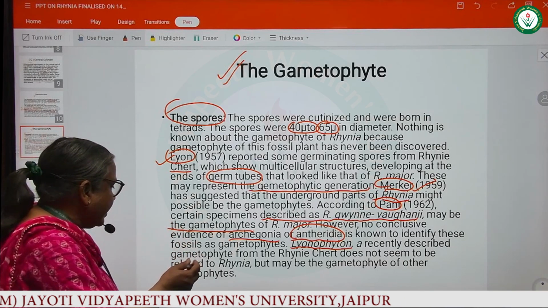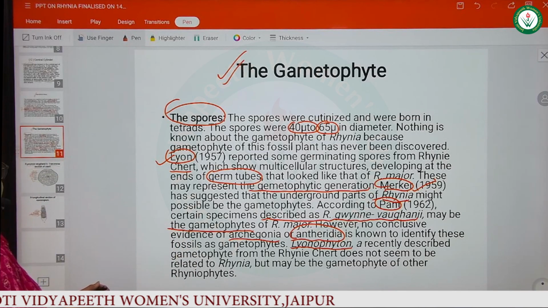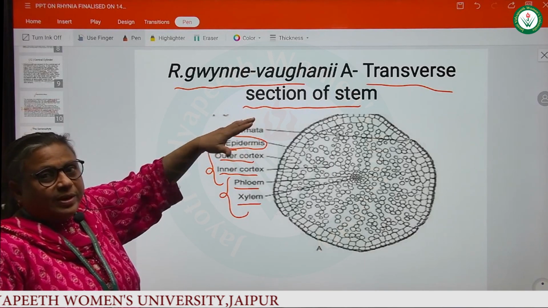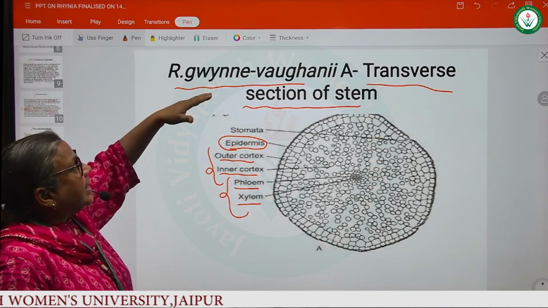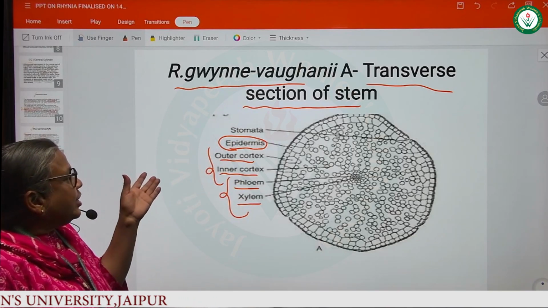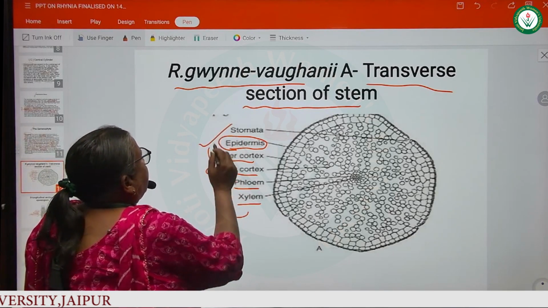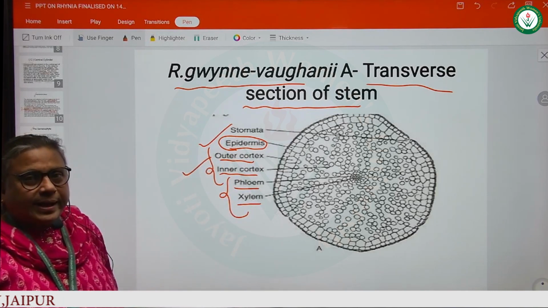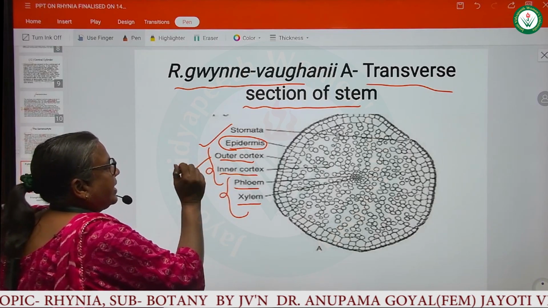gametophyte of other rhyniophytes. Now you see, this is the diagram of the transverse section of the stem of RHYNIA guani, and it shows the outermost layer is the epidermis, followed by the cortex, differentiated into outer cortex as well as inner cortex.